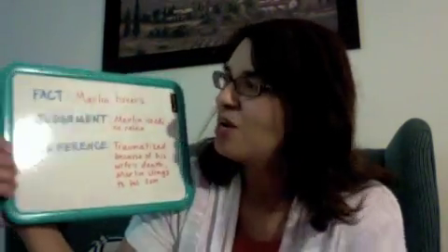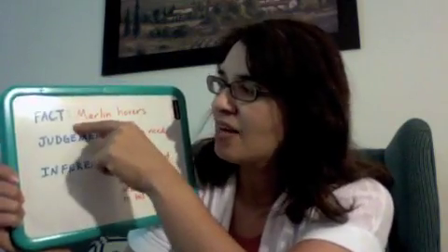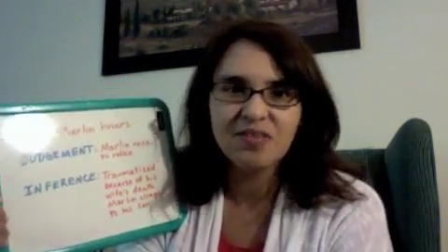All right, now that you've chosen which character to analyze, you're going to have to think of inferences. Let me give you an example of what I mean by that. Here's an inference down here, but let me start with this. Fact: Marlin hovers. We know, if you've watched this film, that Marlin is the dad and he hovers over his son and doesn't want to let him be independent and try new things or take any risks.